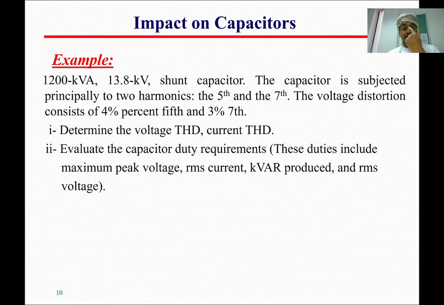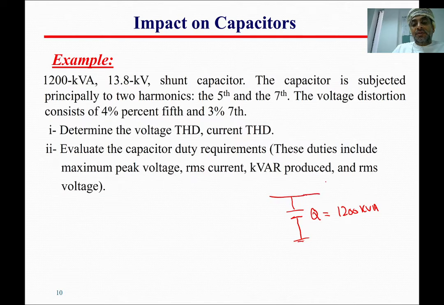Let us look at this example. We have a capacitor bank, a shunt capacitor. It has a Q of 1200 kilovolt-ampere.